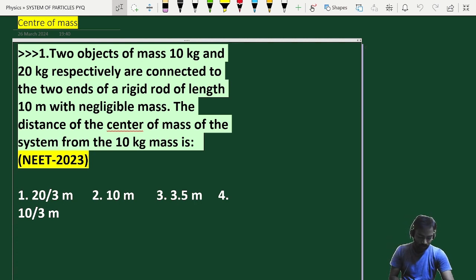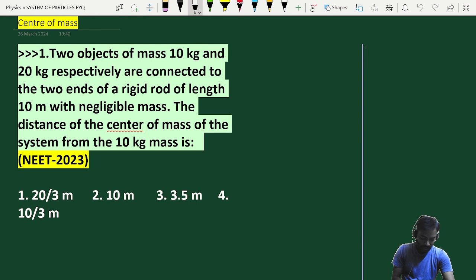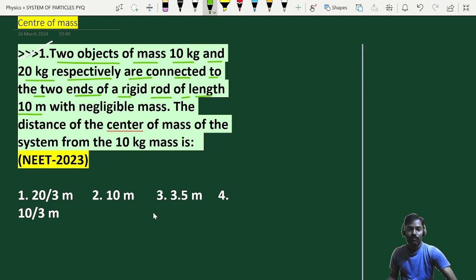Out of which the first question in center of mass concept is: two objects of mass 10 kg and 20 kg respectively are connected to the two ends of a rigid rod of length 10 meter with a negligible mass.